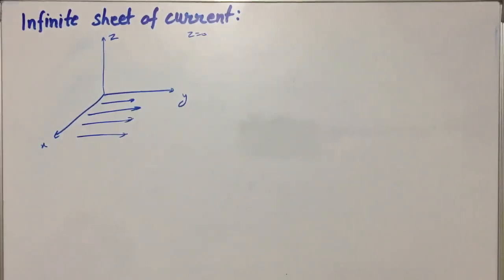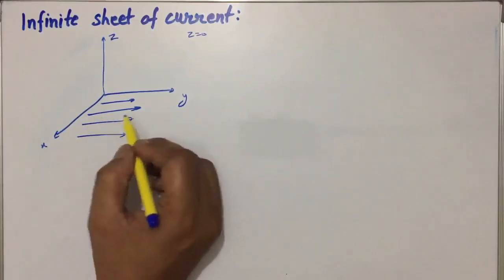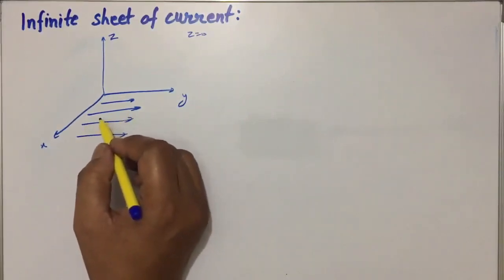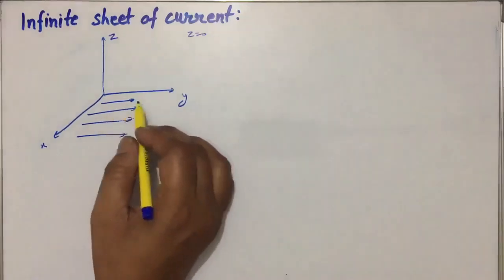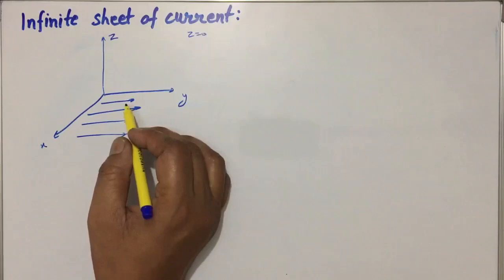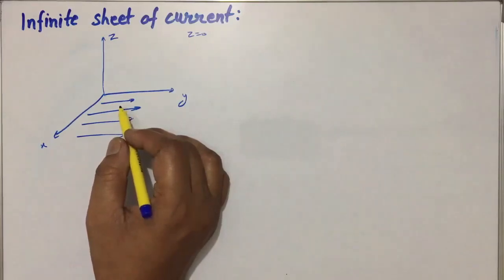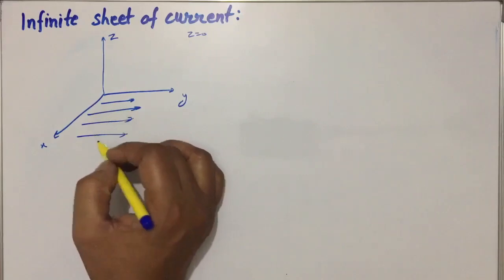For that purpose, we can assume there are infinite number of filaments, and from each of them we can consider the magnetic field intensity at any point, and that will give us the cumulative field from the full sheet.